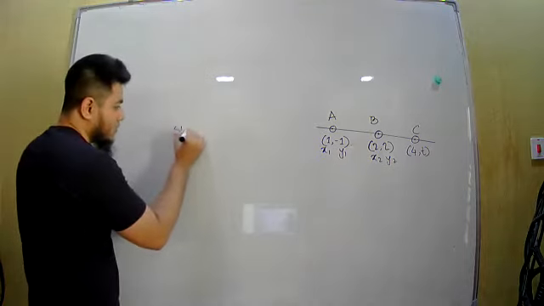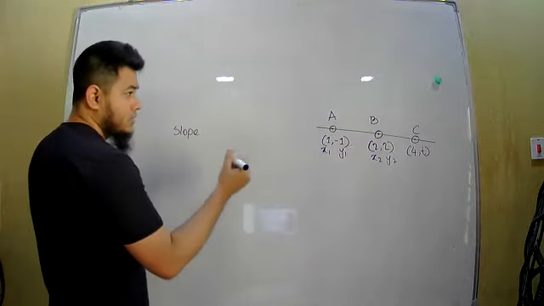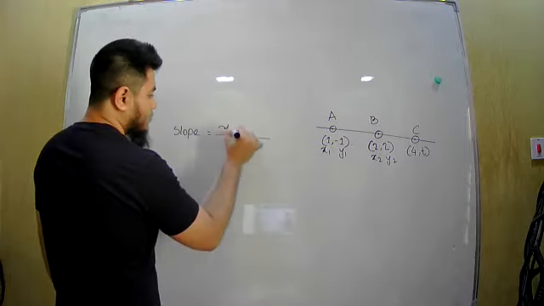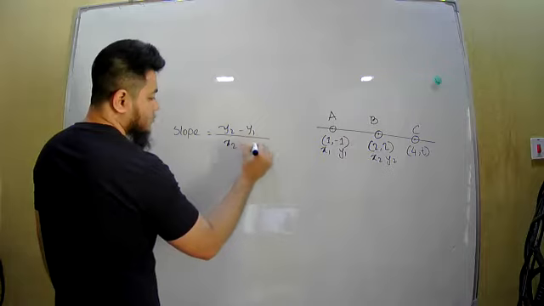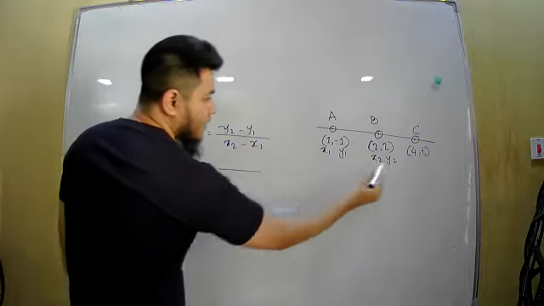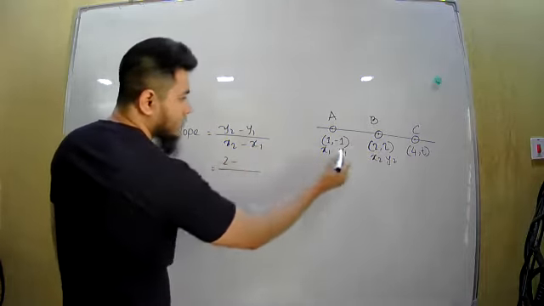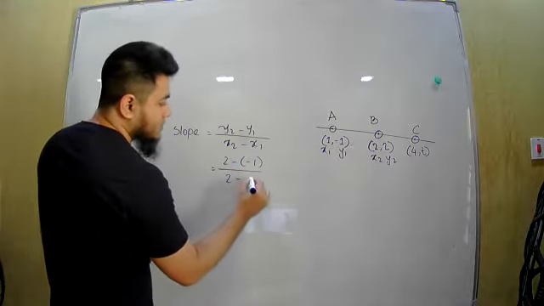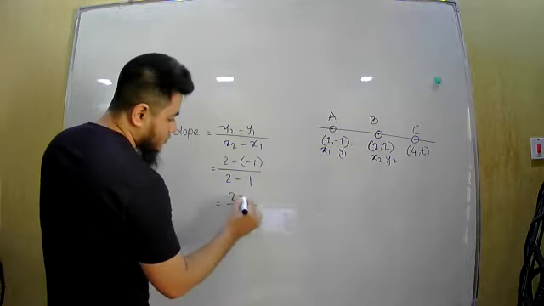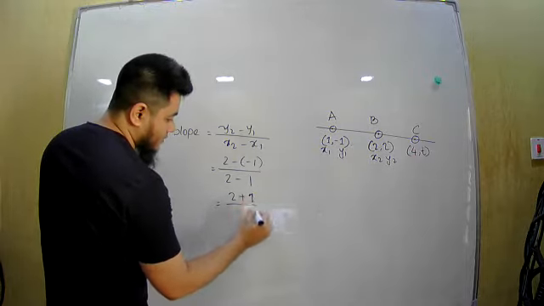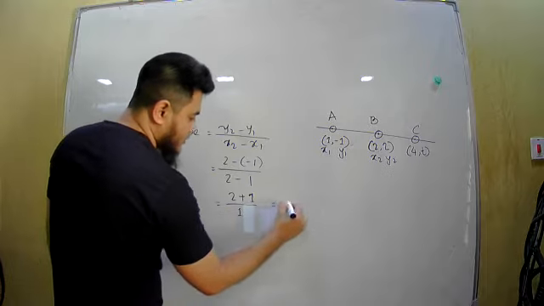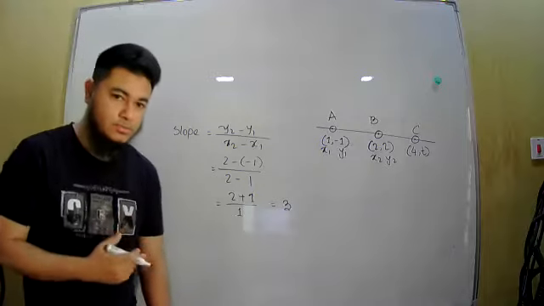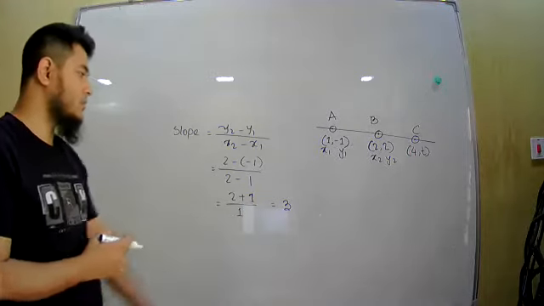What is the formula to find the slope? y2 minus y1 divided by x2 minus x1. So y2 is 2 minus y1 is minus 1, divided by x2 minus x1, 2 minus 1. So it will be 2 plus 1, divided by 1, so it will be 3 by 1. So slope is 3.